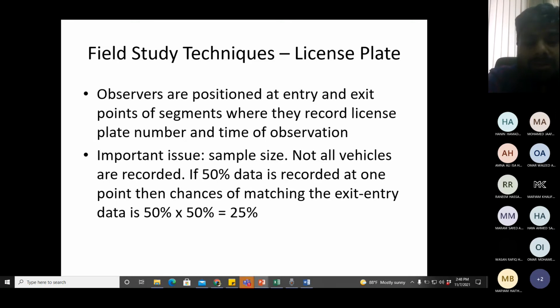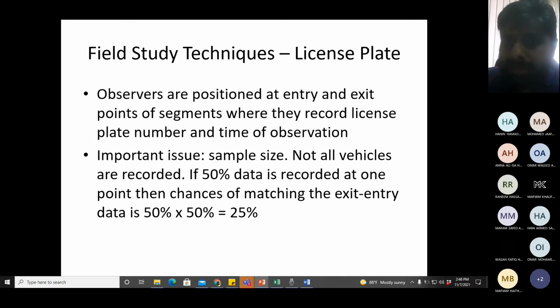So one observer recorded a particular car number at 9 a.m. and the other observer at the end point recorded the same license plate number at 9:10 a.m. So it entered the segment at 9 and exited the segment at 9:10 a.m. So it took 10 minutes to cross the segment. This car took 10 minutes to cross the segment.